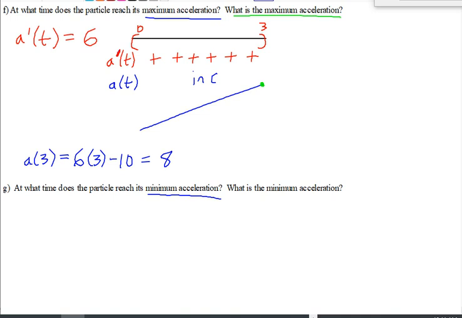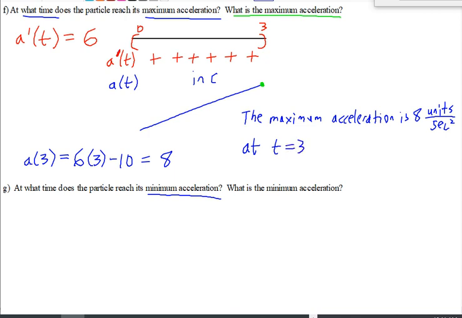So we can say the maximum acceleration is 8. And again here, it's acceleration, so the units per second squared. And that occurs, it asks for the time also, at what time does it occur? So at t equals 3 seconds.